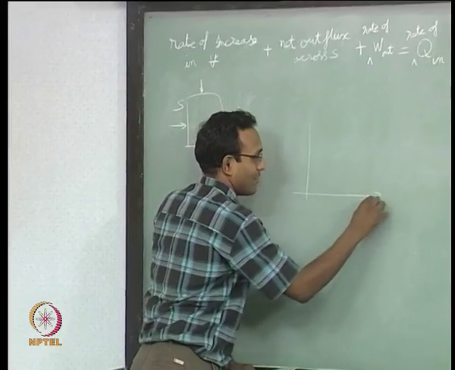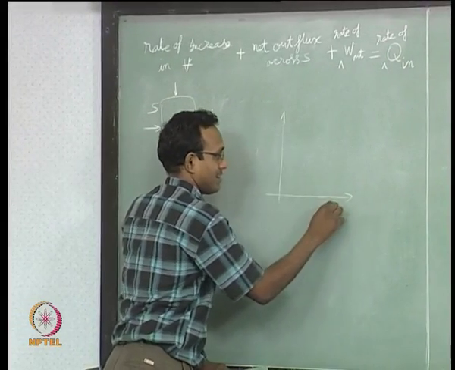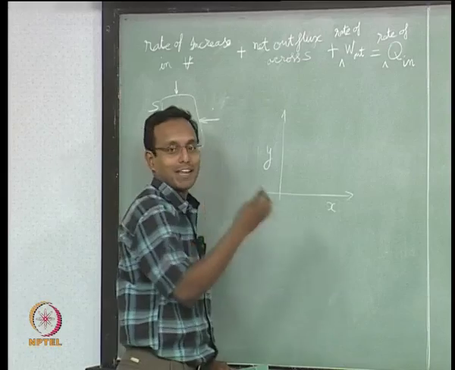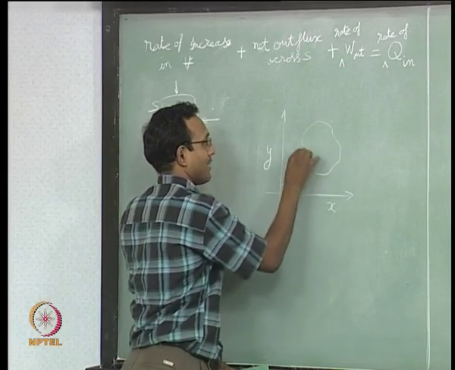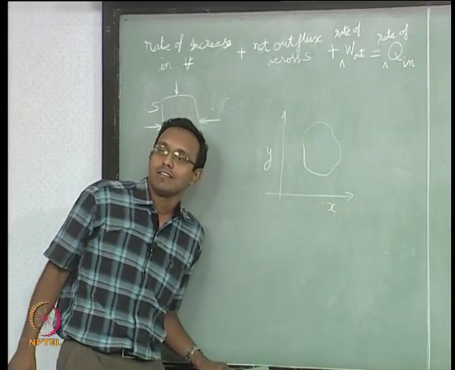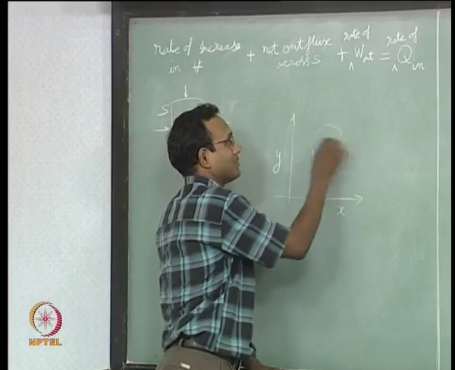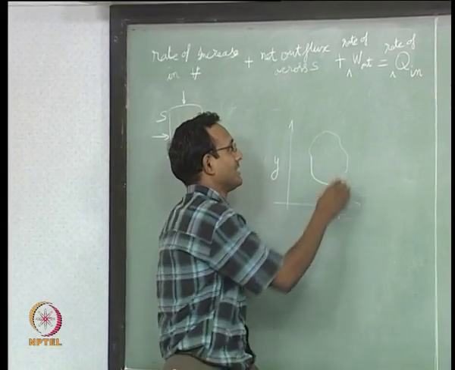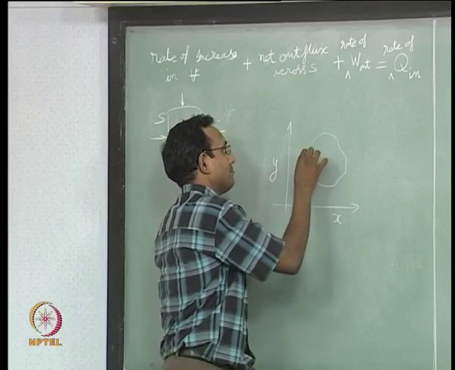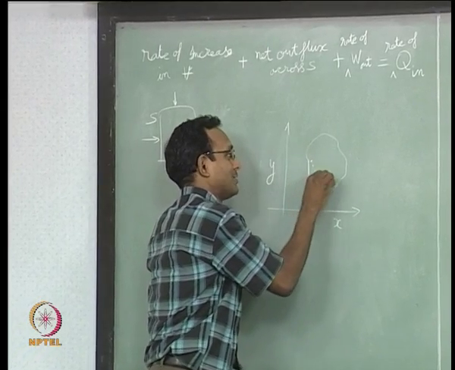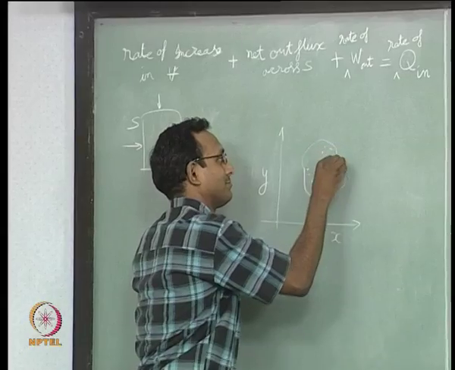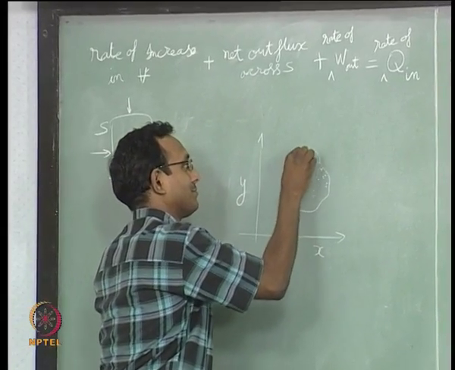Let us say I have my space x y coordinate system and I am looking at some random gas volume and I have some pressure distribution. Let us say wherever I put lot of dots, pressure is high there, something like that.